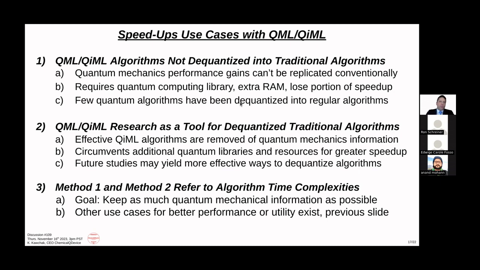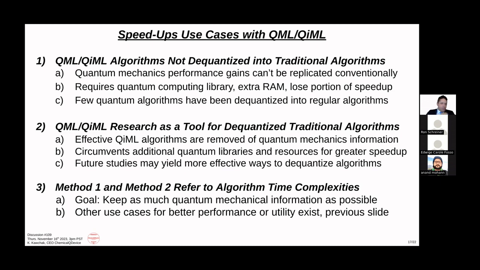There is some uncertainty with it: will it ever be the case that we'll find methods to take every QiML algorithm and dequantize it into classical? That's still to be seen. However, few quantum algorithms have been dequantized into regular algorithms so far. It's in this QiML paper, and it's backed up by all these other papers as well.